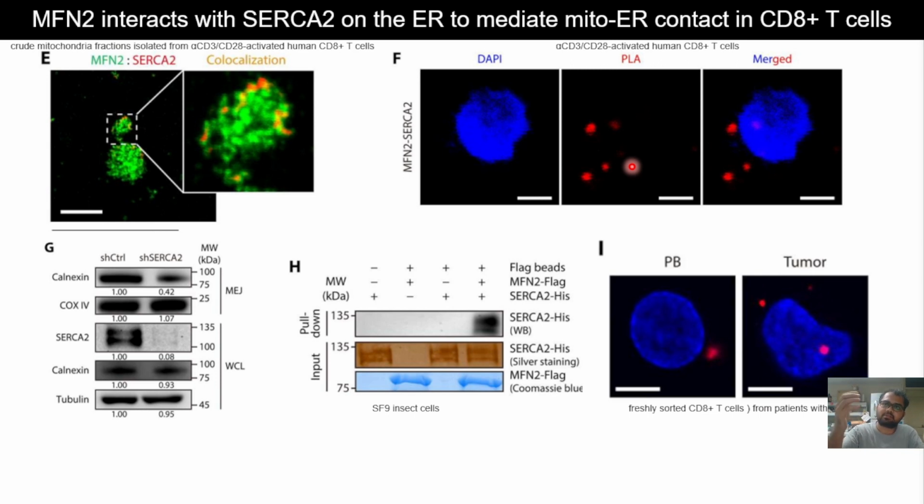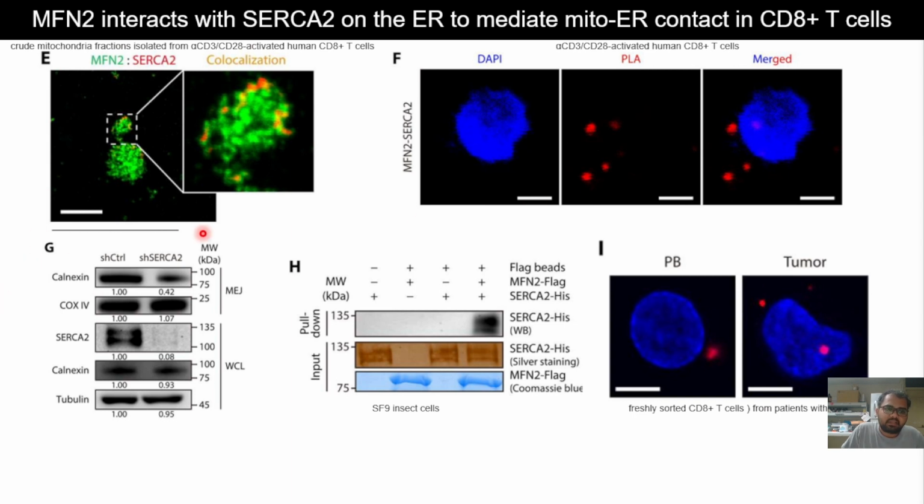These antibodies have tagged oligonucleotides attached, and these oligonucleotides are then used by polymerases to form a longer nucleic acid chain, and this nucleic acid can be tagged further. So in this experiment, only if two proteins are close enough can this red dot be seen. So here we can see MFN2 and SERCA2 are interacting.